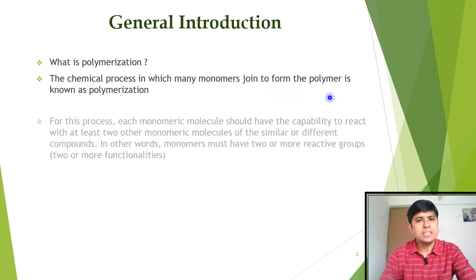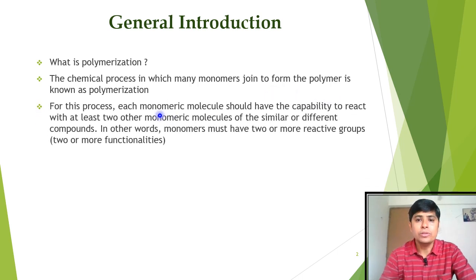For this process, each monomeric molecule should have the capability to react with at least two other monomeric molecules of the similar or different compounds. In other words, monomers must have two or more reactive groups.